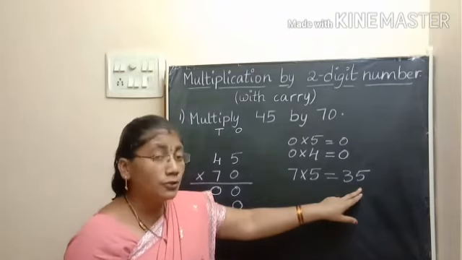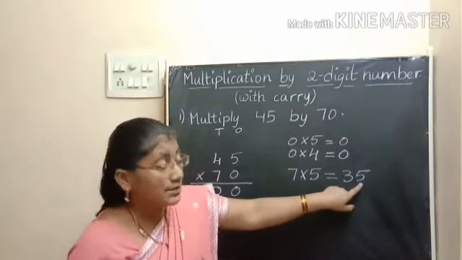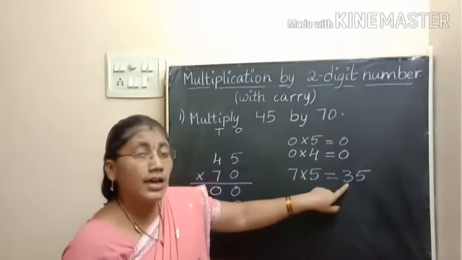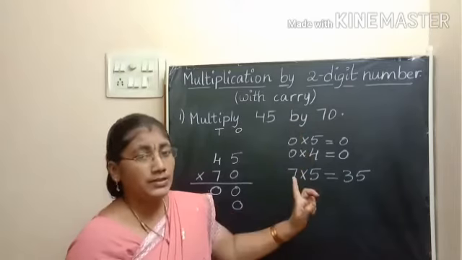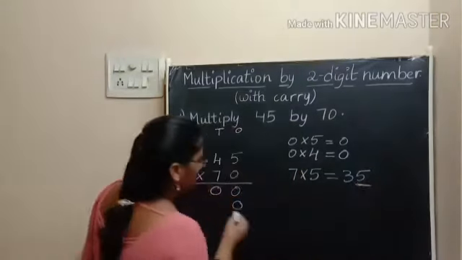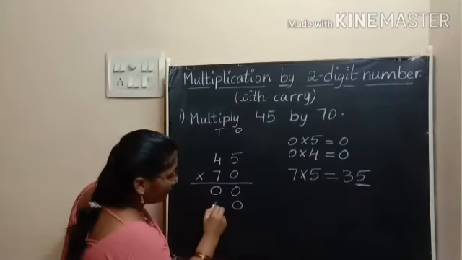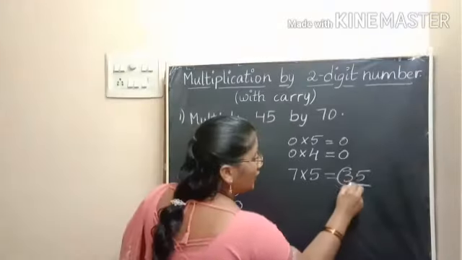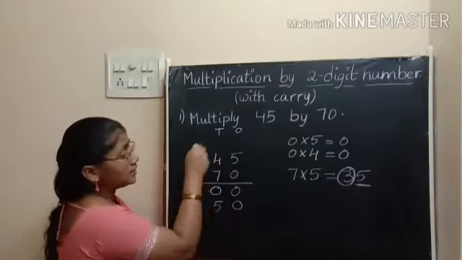Now we have to write the digit on the right side as the result and the digit on the left side as a carry in the next place. Understood, children? So we should write 5 as result exactly below the second 0. Now we have to write 3 as carry in the next place.